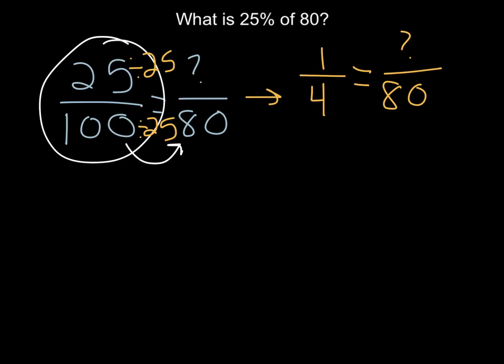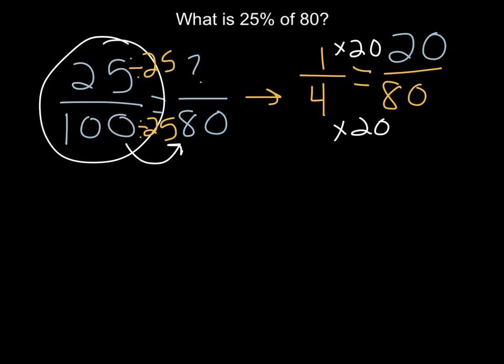Now, 4 times what will give us 80? 4 times 20. Again, whatever we do to the denominator, we do to the numerator. So we will multiply our numerator by 20 as well. And now we can see 1 times 20 gives us a new numerator of 20.